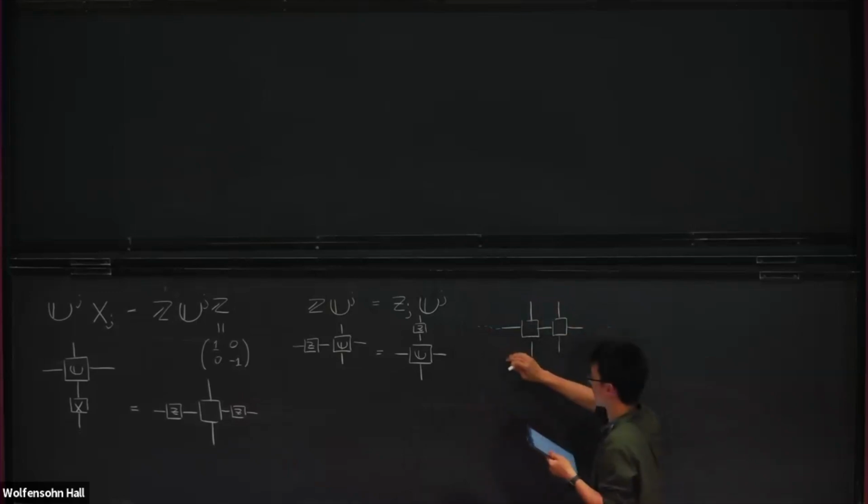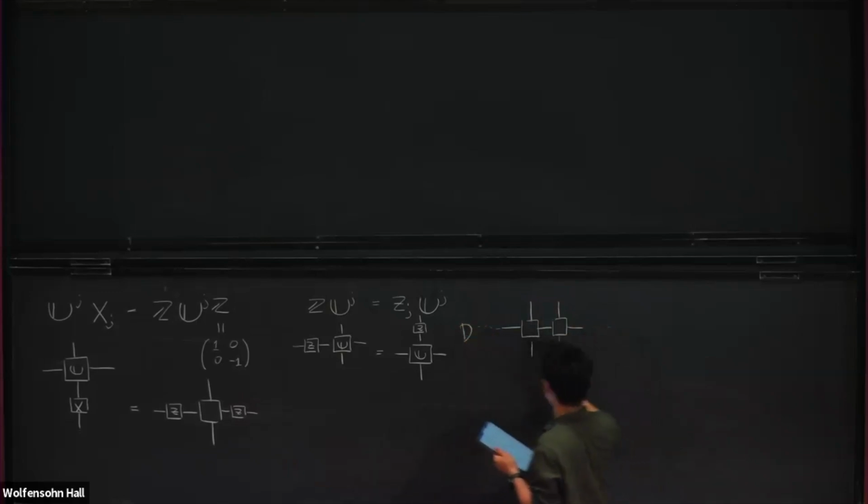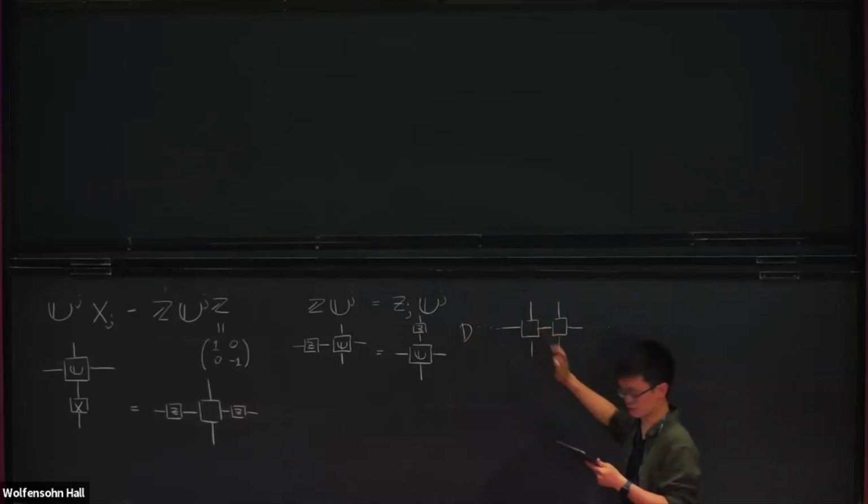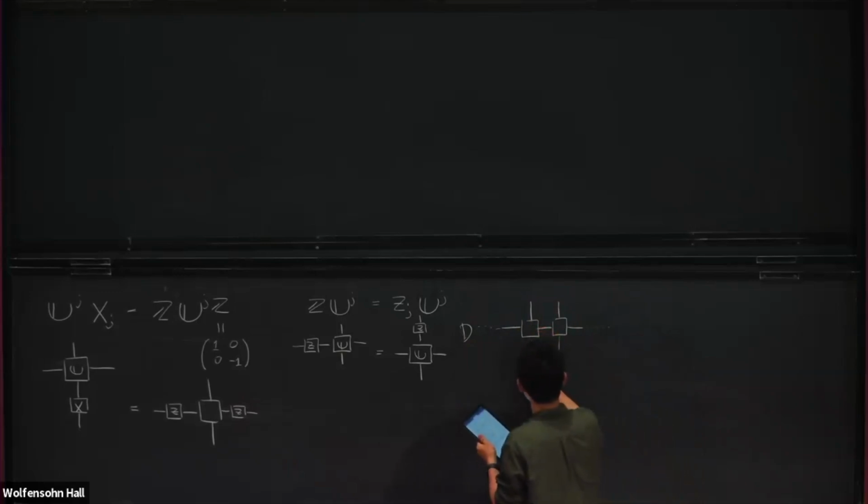So this is our operator D, but I'm just looking at it locally. And you're sending an operator X from this leg. Let's say this is j plus 1.